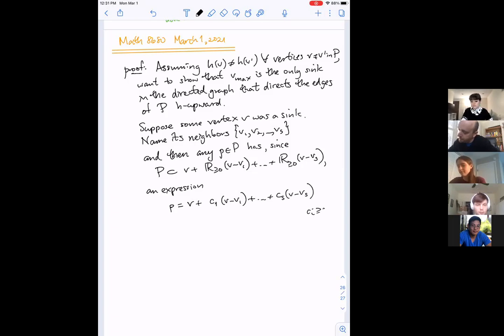The cis are all non-negative real numbers, because the entire polytope is contained in this cone.